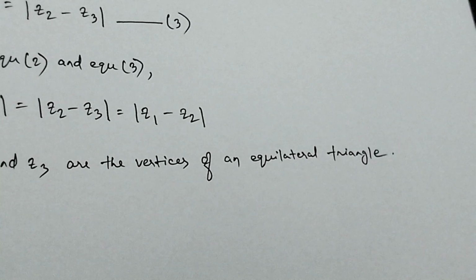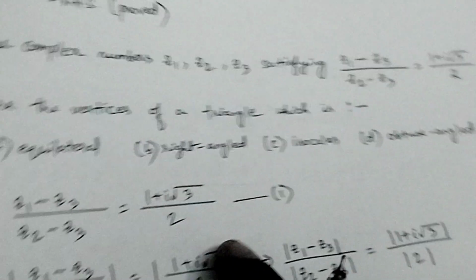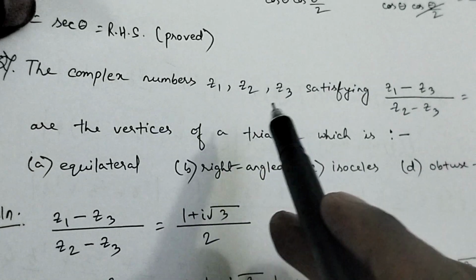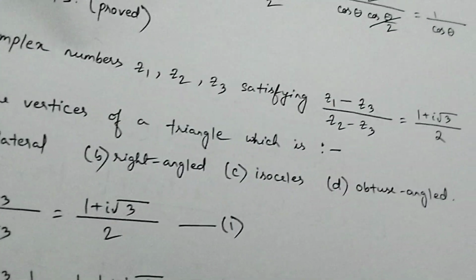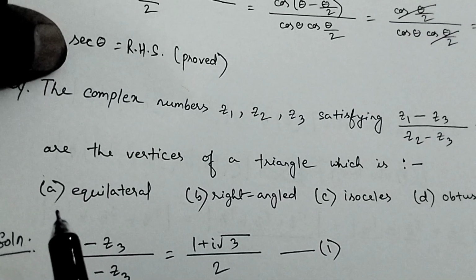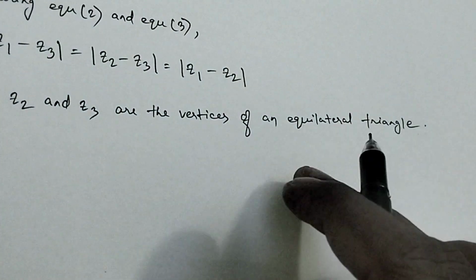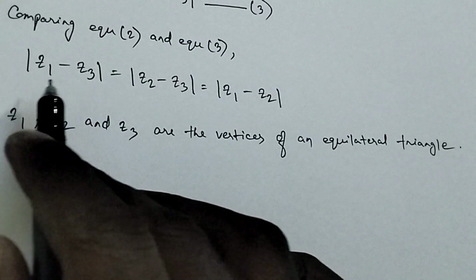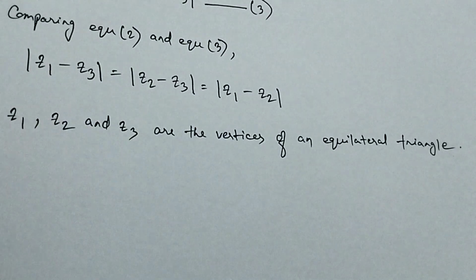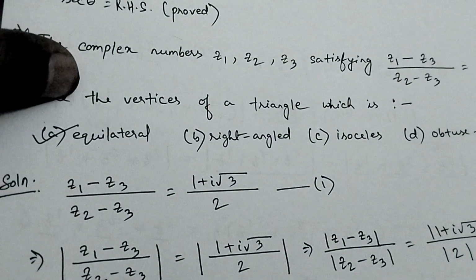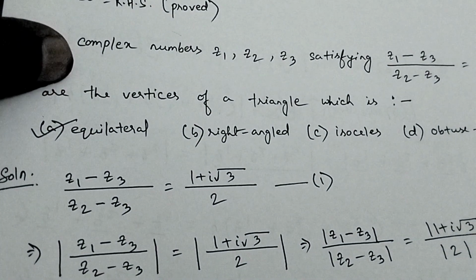In the question we have been asked that the complex numbers z1, z2, z3 satisfying this equation are the vertices of a triangle which is, so what should we say, equilateral. Definitely the vertices of an equilateral triangle, as the distances between the 3 points are of equal length. So option A will be the right answer. Clear? Thank you.